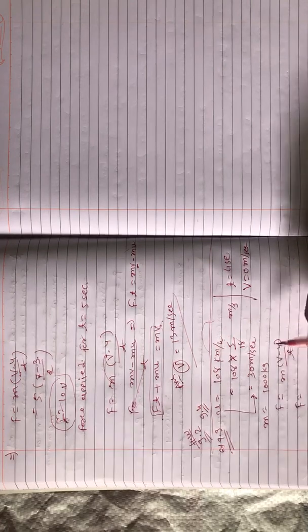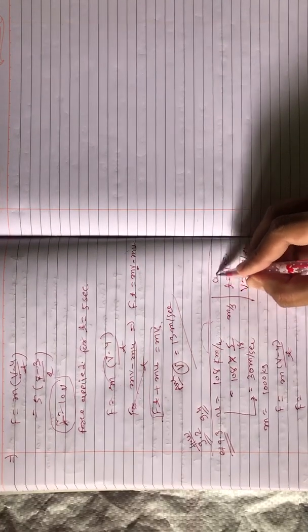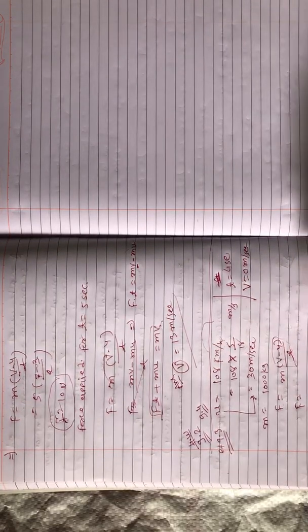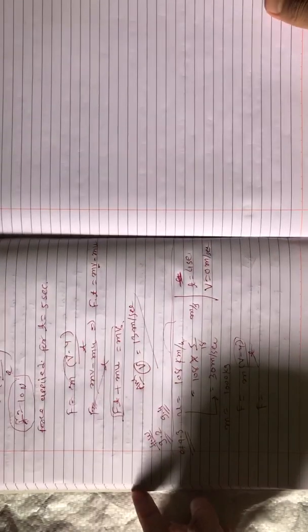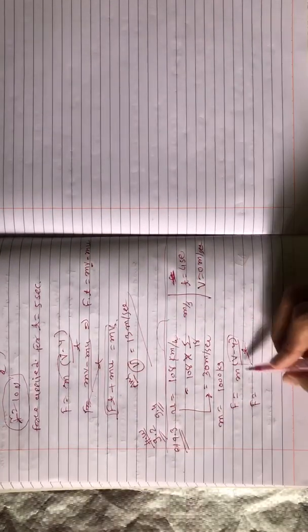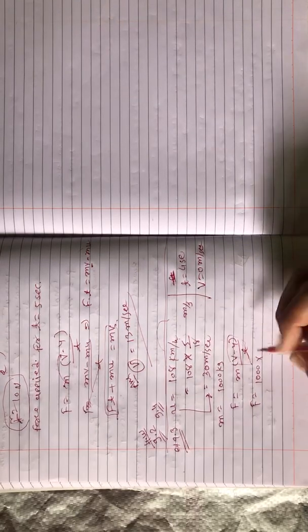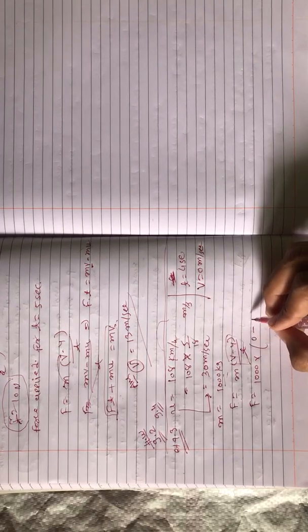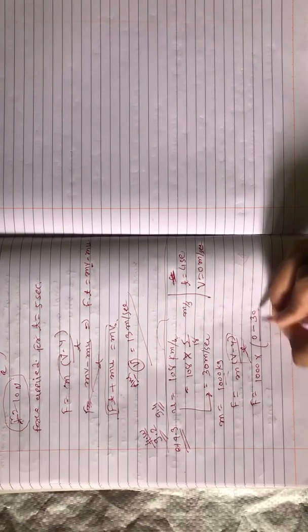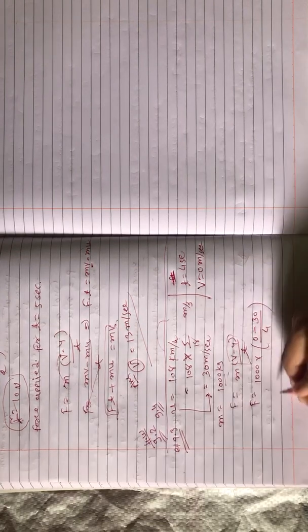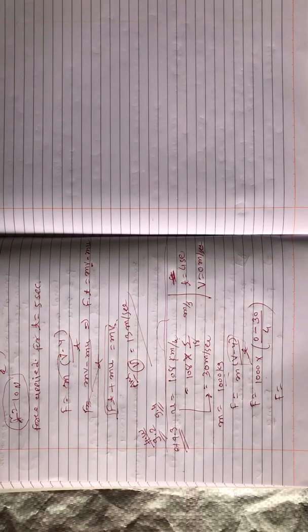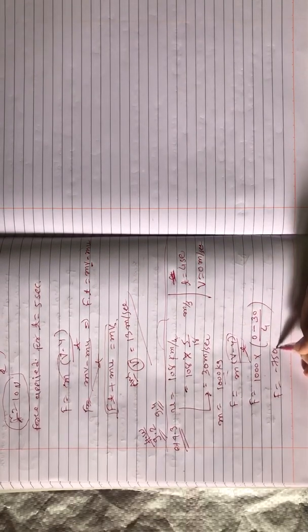Suppose the question gives acceleration, meaning the value of a, then you use the equation F is equal to m a. But here initial and final velocity are given, therefore using this equation, F is equal to m, which is 1000 given in the question, times (v is 0 minus initial velocity 30) divided by time 4 seconds. So the final answer is minus 7500 Newton.